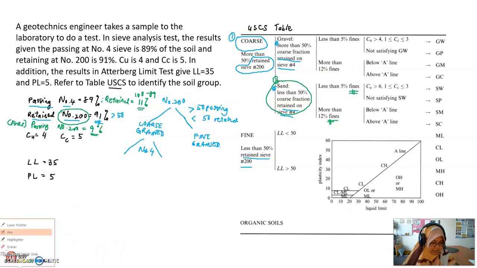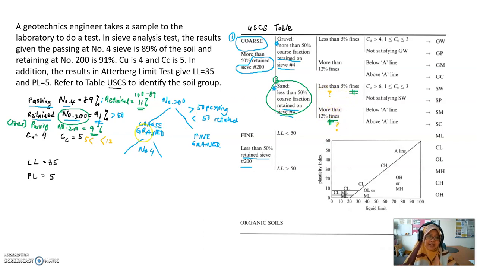So we got 9%. 9% is less than 12 but more than 5%, so it doesn't fit any of the categories given.